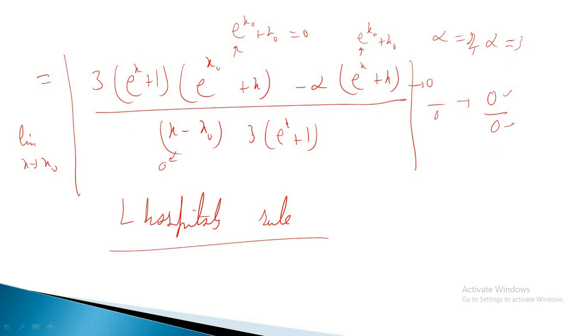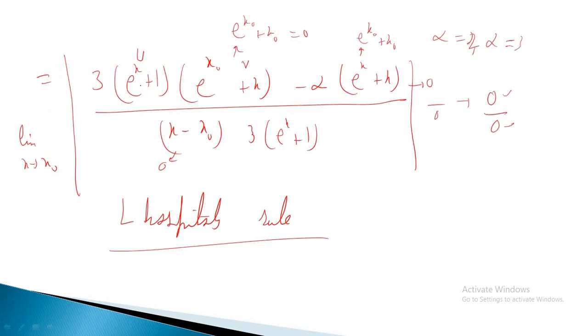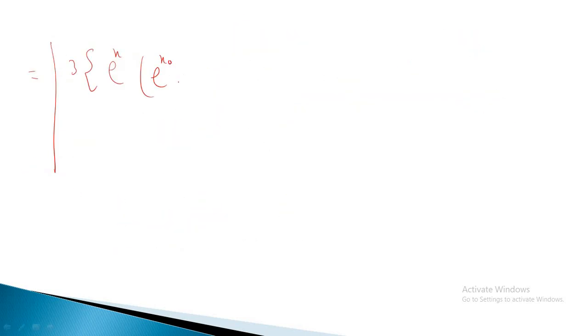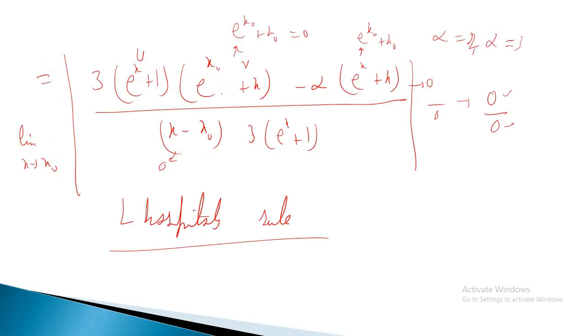Let us call this expression u and this one v, so we use the product rule, the uv rule. We get mod of 3 times, differentiating first u, the differentiation of u is e raised to x, keeping v the same, so v is e raised to x naught plus x, plus now differentiating v.